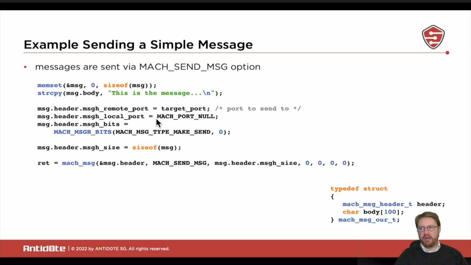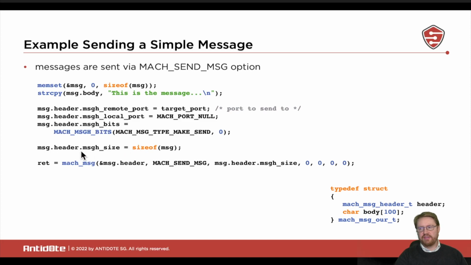So we first prepare the body of the message, then we fill out the header, and in the header, the remote port is some arbitrary target port. We could have created that ourselves with mach_port_allocate. For the local port, we don't need a reply, so that will be null. And then for the bits, we make ourselves a send right, and the 0 means no right for the local port, and there's no complex bit set because it's a simple message, so that's everything.